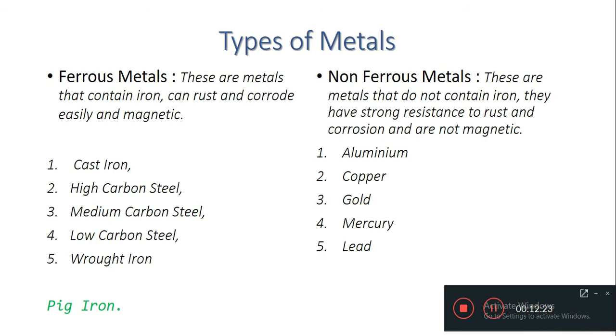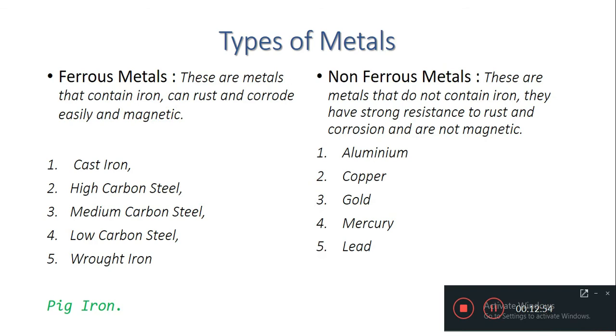Now, non-ferrous metals. As we have mentioned earlier, ferrous metals are metals that contain iron, rust, and corrode. Then we can simply say that non-ferrous metals are metals that do not contain iron, do not rust or have strong resistance to rust and corrosion, and are not magnetic.